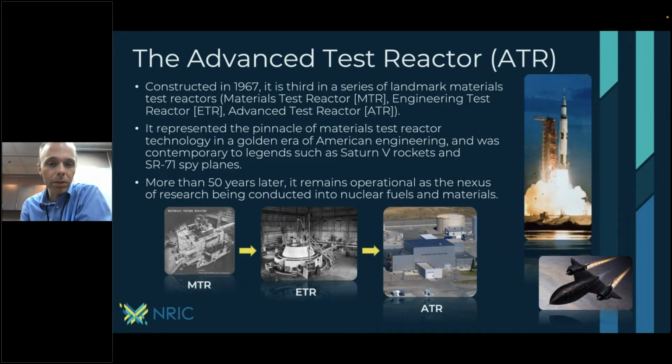This really was the pinnacle of material test reactor technology in what I think of as the golden era of American engineering. You think about 1967, this was the era of SR-71 spy planes and Saturn V rockets. So really some neat things came out, some of engineering's best accomplishments, and ATR is on that plane. It really is that kind of machine.